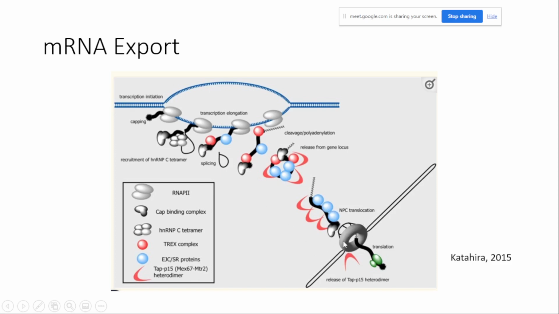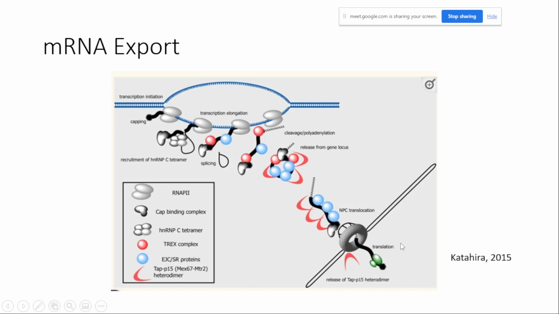This is the NPC, and they have the sequence which can interact with the NPC, and as you know, the NPC has the FG repeat, phenylalanine and glycine. So these proteins MEX67 and MTR2, which are export transporters, have a sequence which can interact with the nuclear pore complex FG repeat, and which will mediate the export of the RNA through the nuclear pore complex.